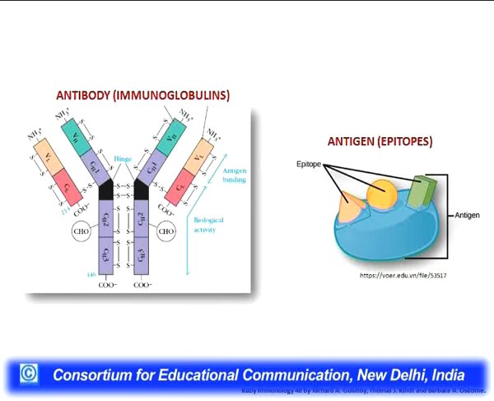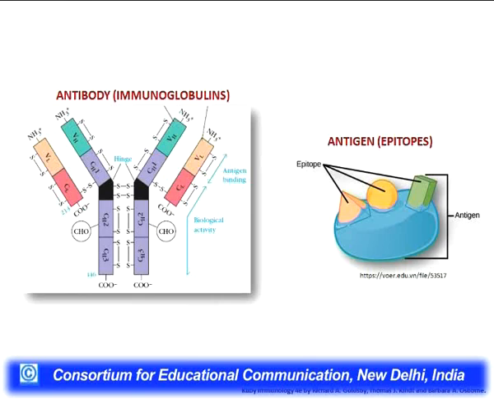This is the region through which it binds to the antigen. The other part after the variable region is called the constant region. Both the heavy and light chains are interconnected with the help of disulfide linkages, and further both heavy chains are linked to each other with a disulfide linkage which goes at the hinge region.